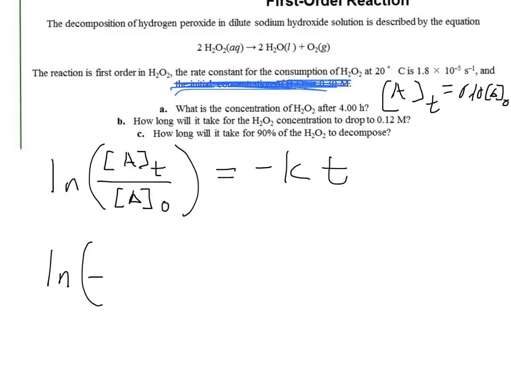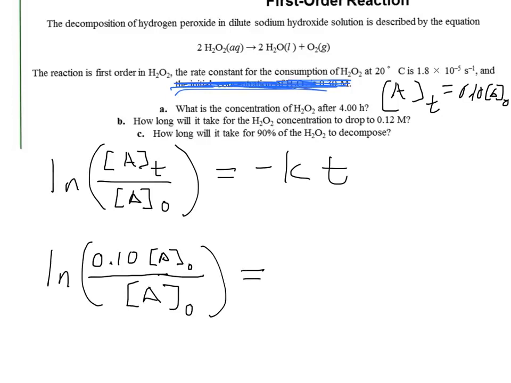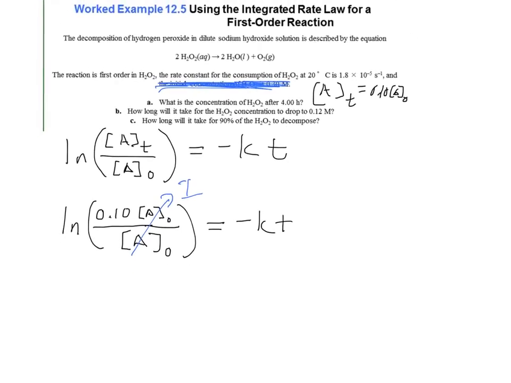So if I come over here and say 0.10 A sub 0 is my concentration at time t, and my initial concentration is A sub 0, then I have a problem I can solve. Why? Because any number divided by itself is 1.